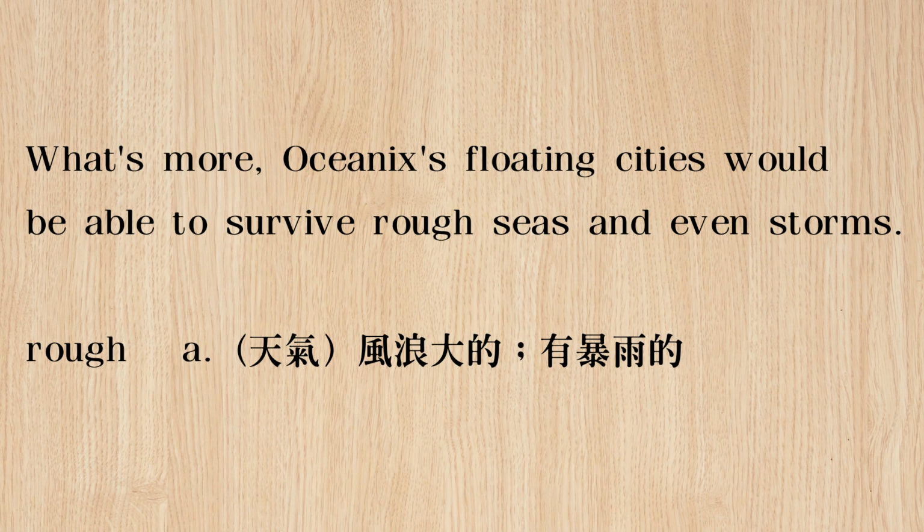Great. Let's take another quick break. We're back with more Enjoy English School and our final paragraph today, number 4. Let's begin. What's more, Oceanix's floating cities would be able to survive rough seas and even storms. 而且呢 Oceanix 的漂浮城市，它可以在波涛汹涌的大海，甚至是风暴中生存。Now, if you like to play video games, you know this word survive. That's right, because we have VIV, and VIV is about your life, 你的生命.